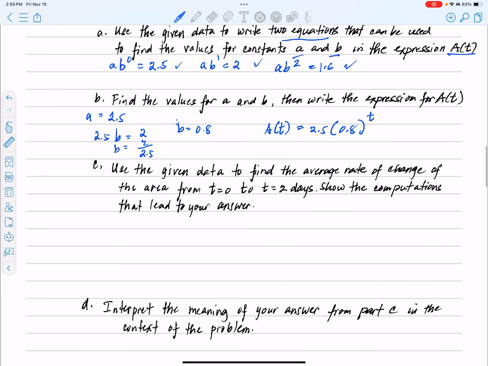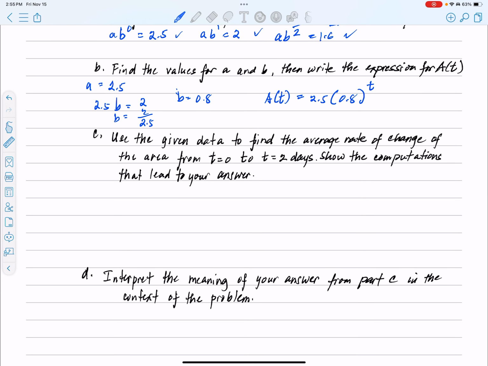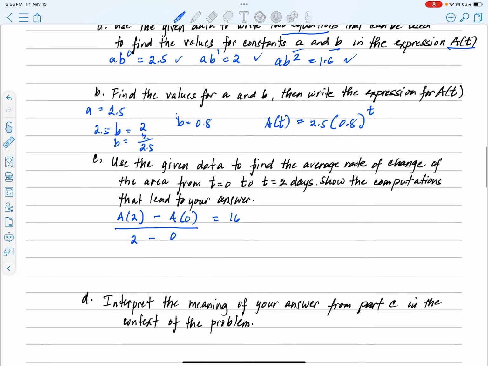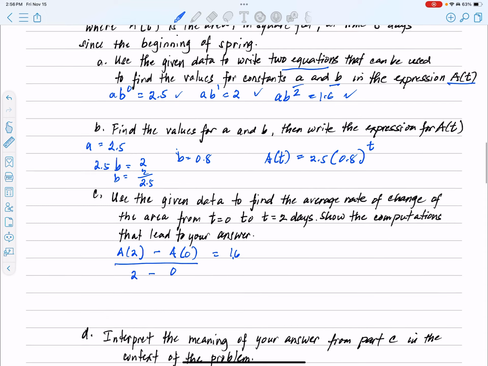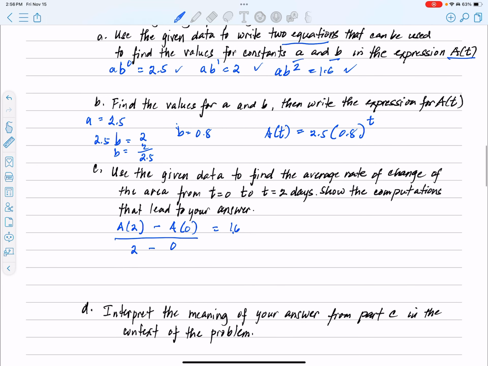So A(2) minus A(0), over 2. Let's look at the table: it's 1.6 when it's 2, minus 2.5 when it's 0, over 2.